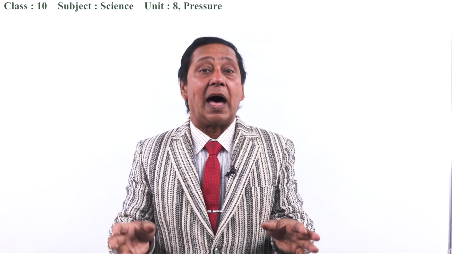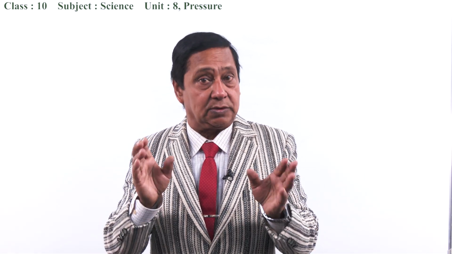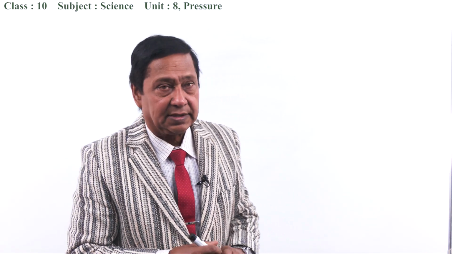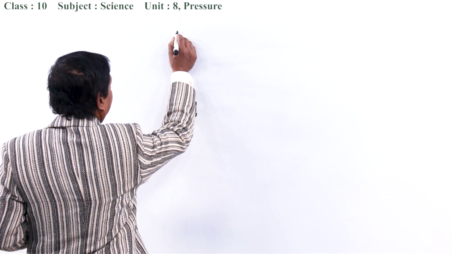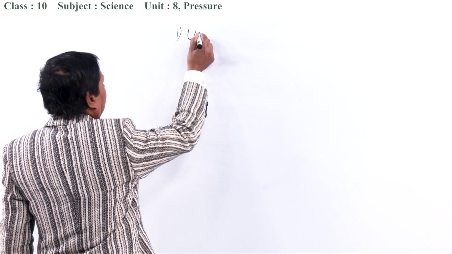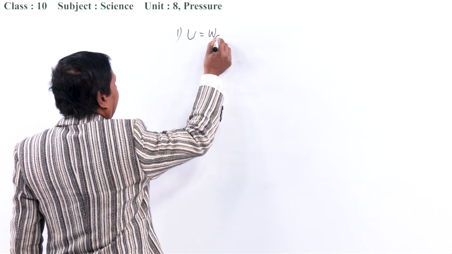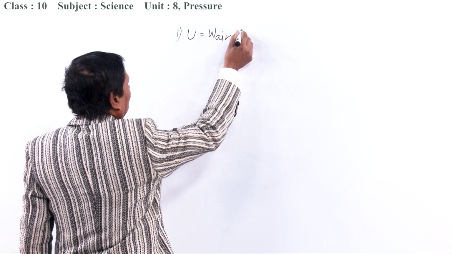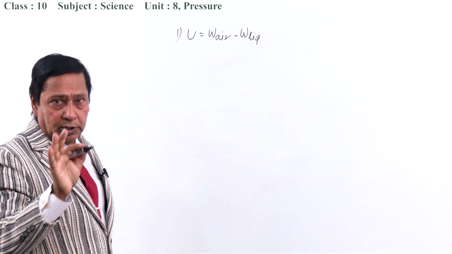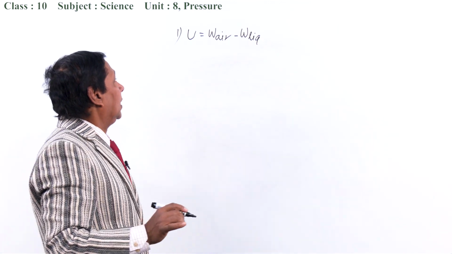After all this, I want to tell you some equations related to upthrust which we use to solve numerical problems. There are many equations. Number 1: upthrust is equal to weight of the body in air minus weight of the body in liquid. Using this equation, we can solve numerical problems.